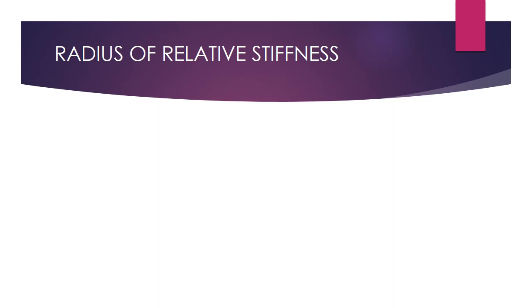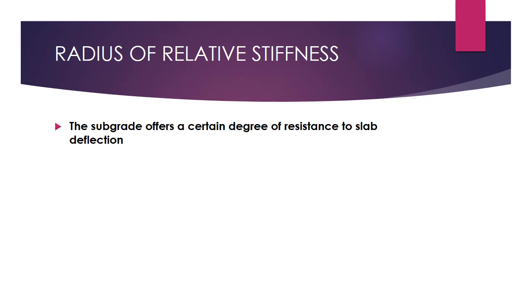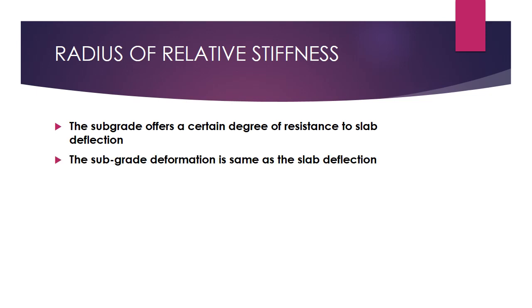Now let us see what is radius of relative stiffness. The subgrade offers a certain degree of resistance to the slab deflection. Whenever there is a loading on the slab, the slab will tend to deflect. That deflection is prevented by some kind of resistance which is offered by the subgrade, and we will see how much it is going to resist.